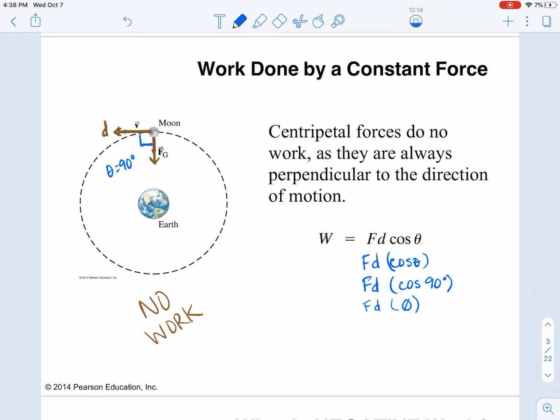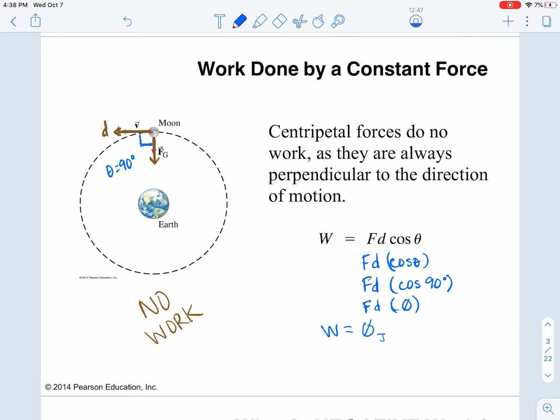So even if we felt like we should be plugging in a force times the displacement here, once we understand that it's times the cosine of 90, then what we're saying is that we're going to multiply it by 0. So regardless of what information you wanted to input for your force and your distance, this comes out to be 0 joules of work. No work is done, okay?